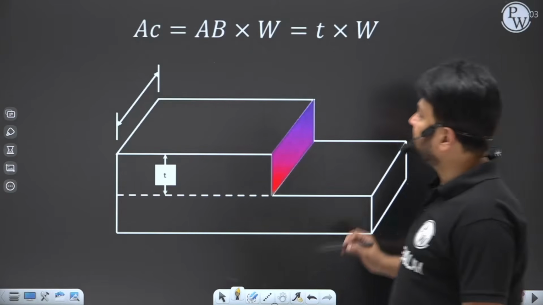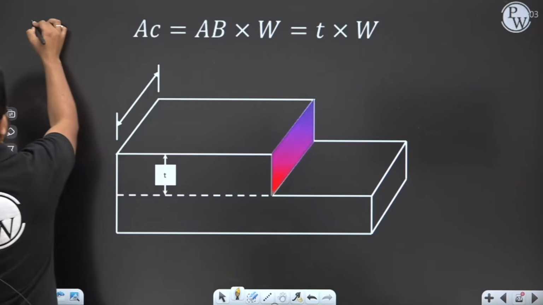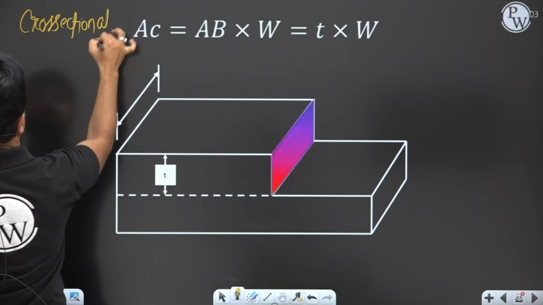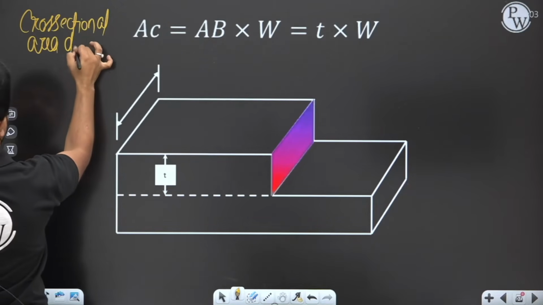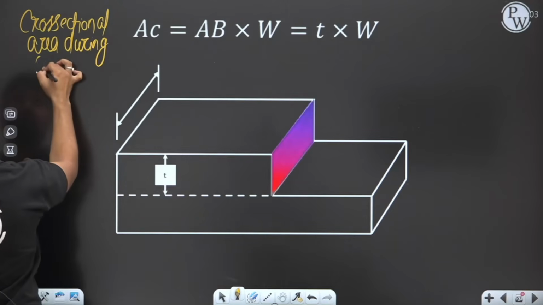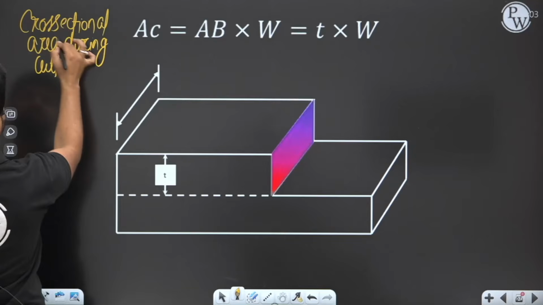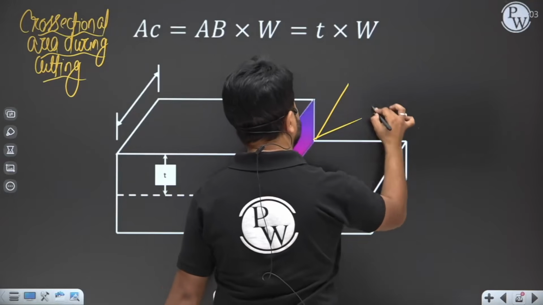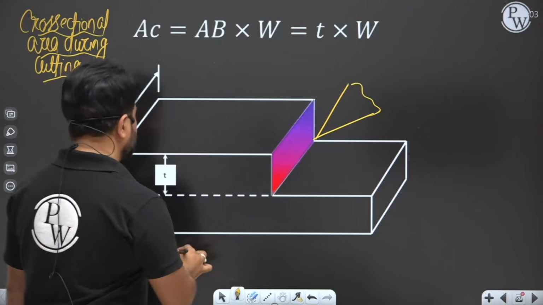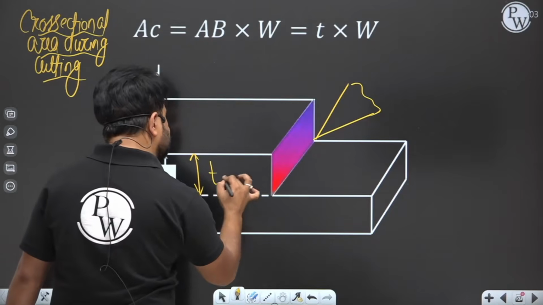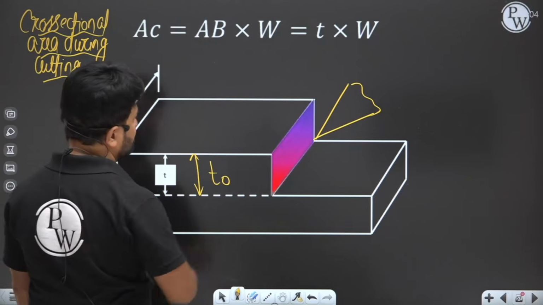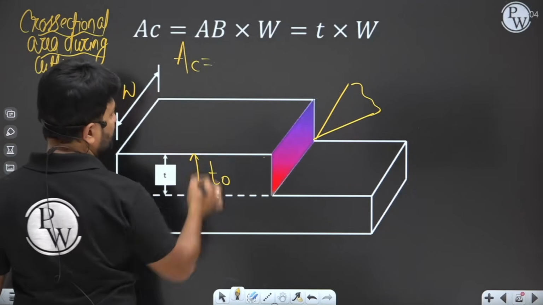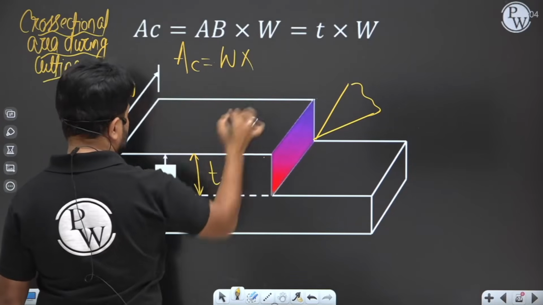Now AC, the cross-sectional area during cutting. Suppose that much cross-sectional area I am going to cut with the help of the tool. This is the uncut chip thickness T0, and this is the width of the chip, or width of the workpiece. So the cross-sectional area which I am going to cut is W into T0.